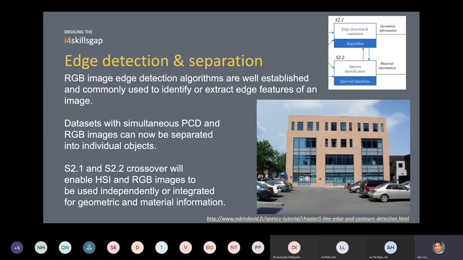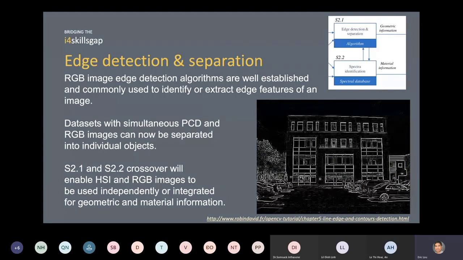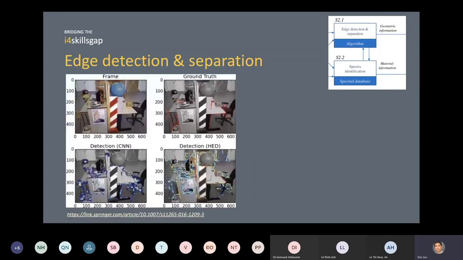This is one example of another research that is done. So this is a building picture, and this is the edge detection. Basically, what we're trying to do is that now we can recognize that these squares at the top are windows. Now we know that the computer doesn't know. We know, as humans, we know. We can now start edge detection and separate the windows and the bricks, and so on and so forth.